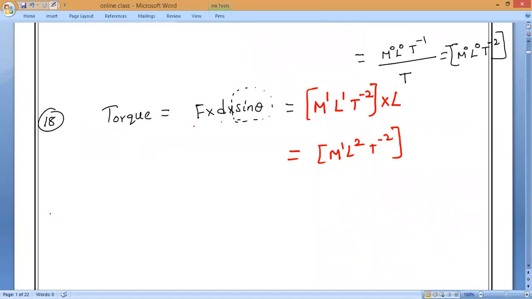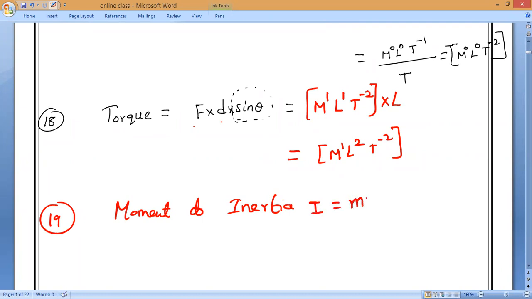Next, moment of inertia. We already studied this. We heard this word inertia in class 9th, second chapter, force and laws of motion. Again in class 11th also, we get it in force and laws of motion. Moment of inertia is equal to m r squared. Now can you tell me the dimensions fast? M into r squared, no time period.